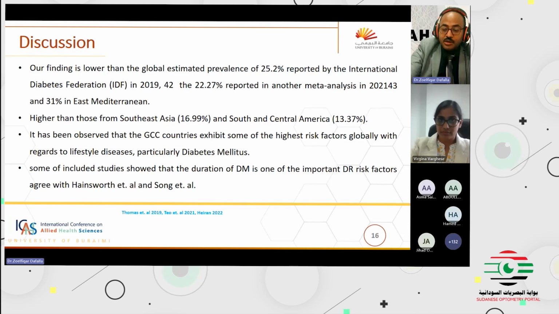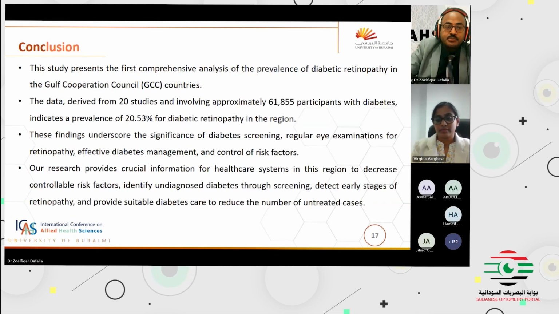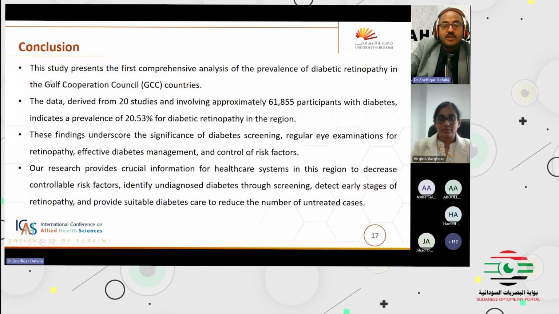diabetic retinopathy stage. As a conclusion, this study represents the first comprehensive analysis of the prevalence of diabetic retinopathy in the Gulf Cooperation Council, GCC. The data are derived from 20 studies involving approximately 6185 participants with diabetes, and indicate a prevalence of 20.53 of diabetic retinopathy in the region.